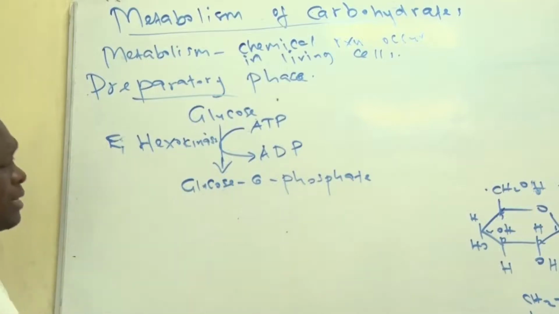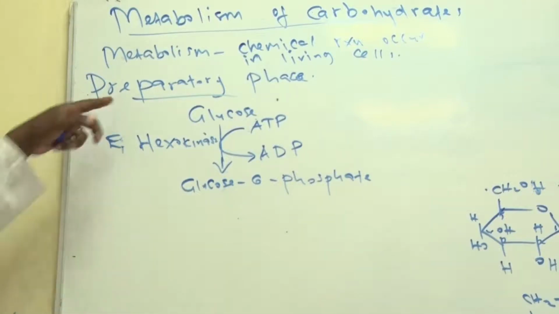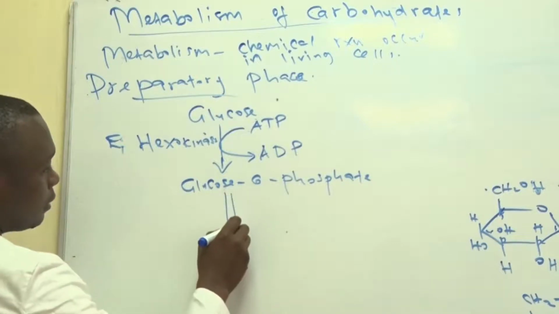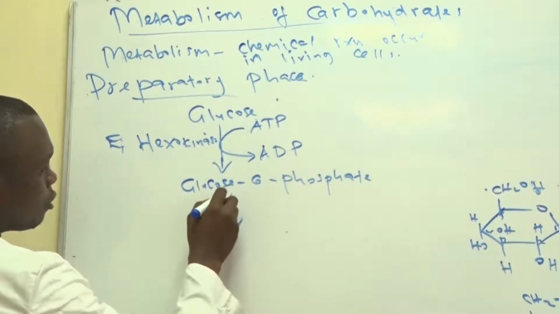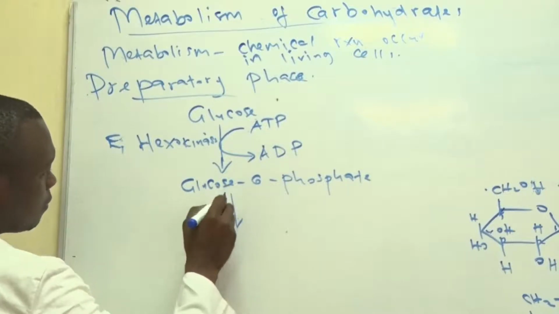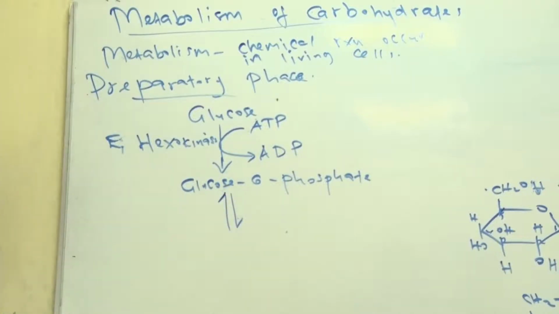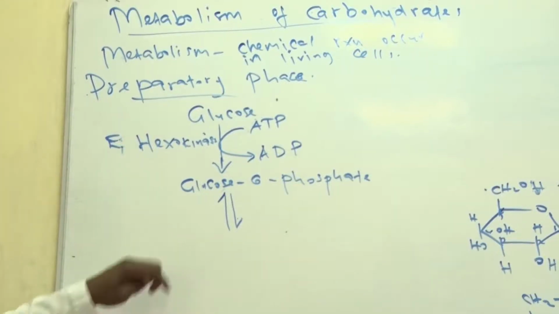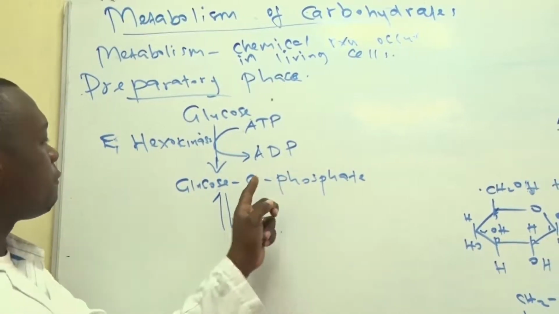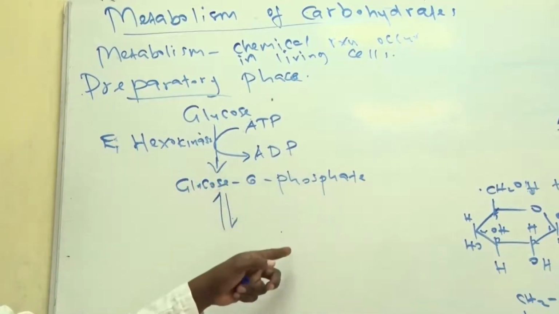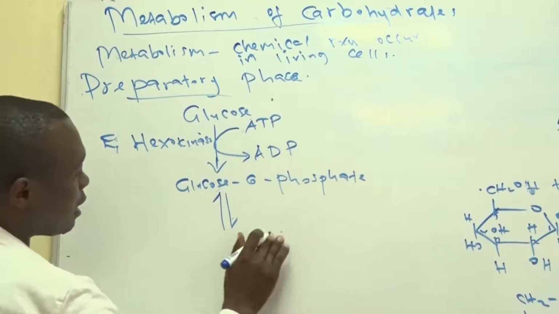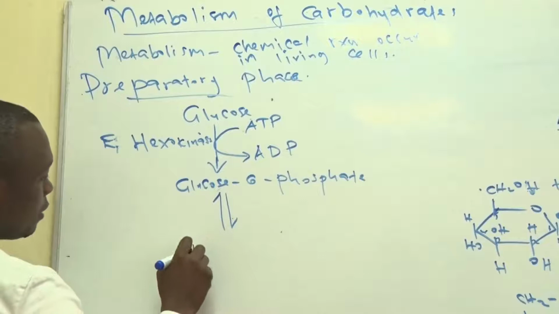Now, the second step of glycolysis, in the preparatory phase, is where we have isomerization. The reaction is reversible. So we isomerize the glucose 6-phosphate. We remove the phosphate from glucose 6-phosphate and take it to another molecule which we call fructose 6-phosphate.